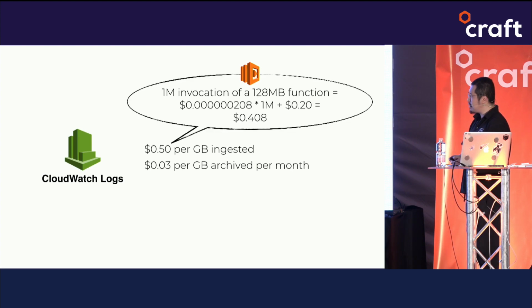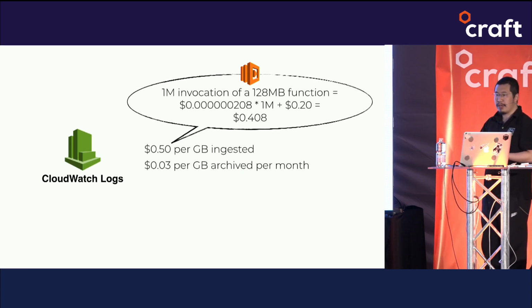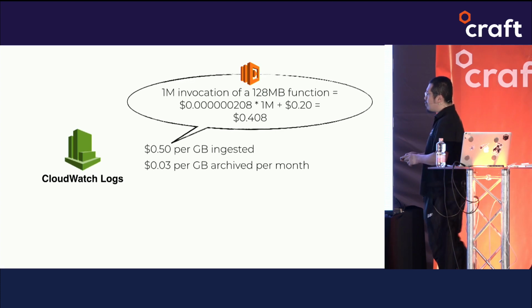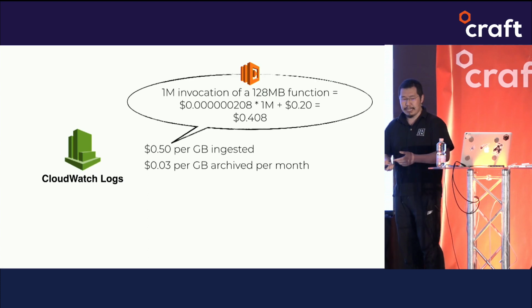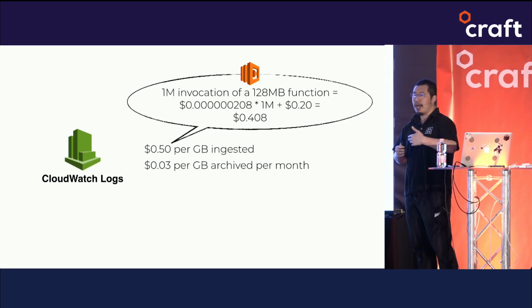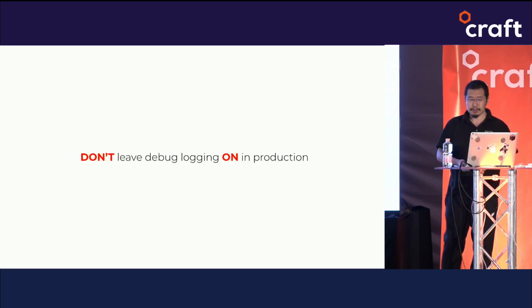And you may think that 50 cents per gigabyte doesn't sound like an awful lot, but when you consider that with a 128 meg function, you can actually get 1 million invocations out of that function for just 40 cents. So comparatively, CloudWatch logs is relatively expensive. I've actually seen a lot of companies end up spending a lot more money on CloudWatch logs than they do on the Lambda functions themselves.